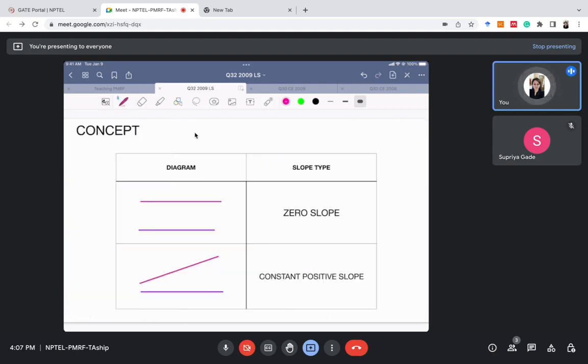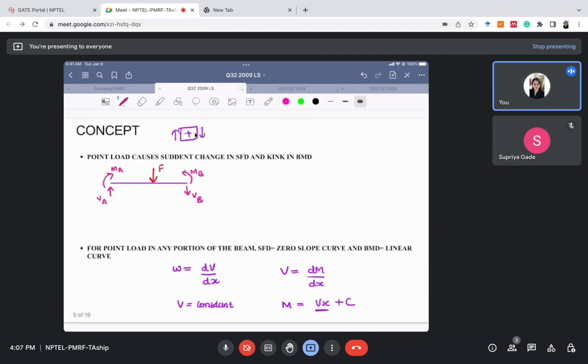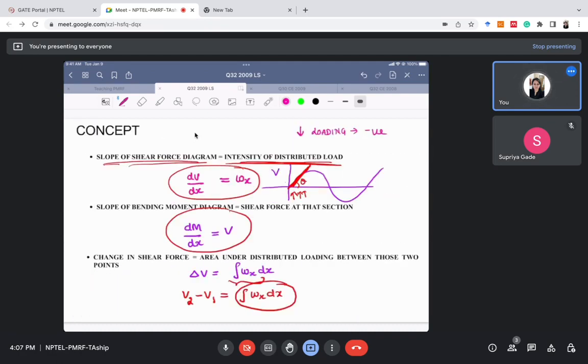You can easily make the shear force and bending moment diagram if you keep in mind some important points.